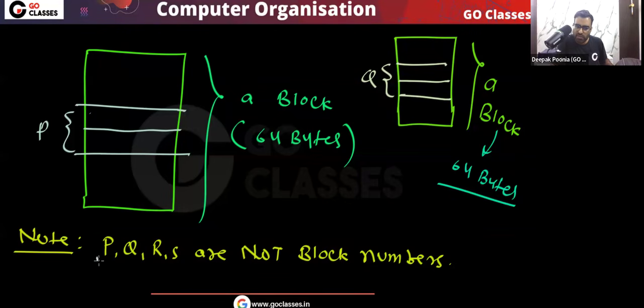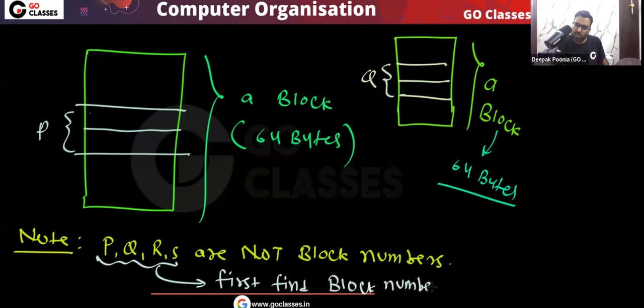So from PQRS, first we will find the block numbers. First find the block numbers to which they belong. Okay. Now let's find the block numbers to which they belong.